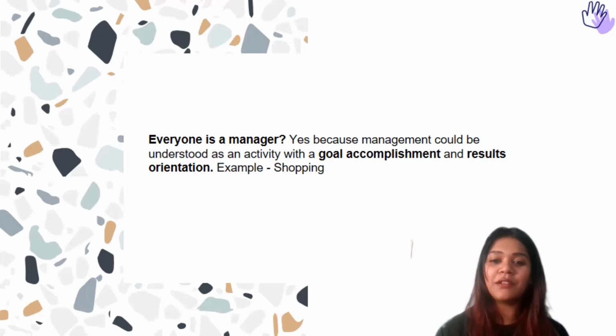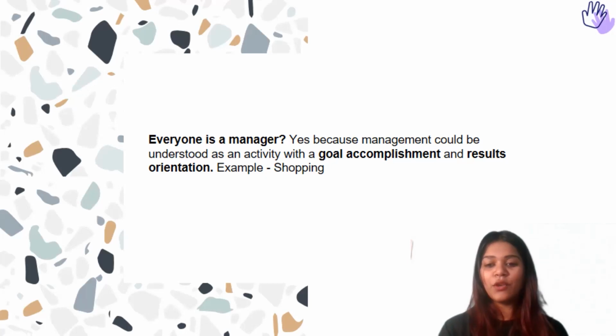Management is an activity where you have to accomplish a goal. For example, you're given a sales target of achieving 100 crores in a year. By using the management functions, your aim is to accomplish that goal and achieve that result.